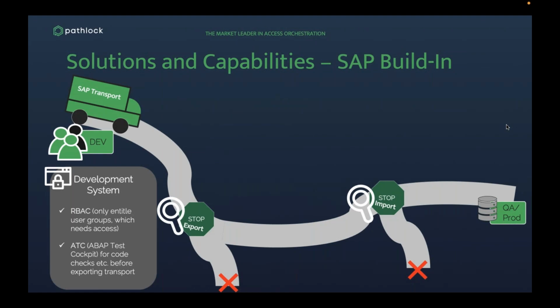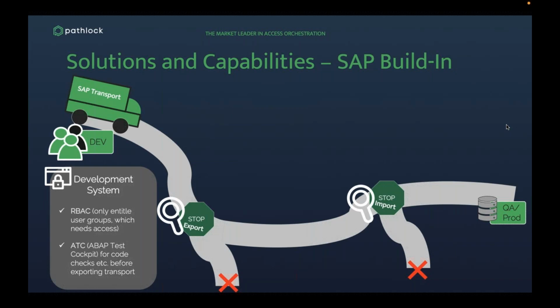The first layer, as we already know, is the development system. For sure, with the SAP built-in tools, you can enable role-based access control. You only entitle the user groups which need the access and don't give everyone access. The second tool, which is really important to use to get a more powerful security defense, is the ABAP Test Cockpit, ATC, which makes code checks before you export a transport.